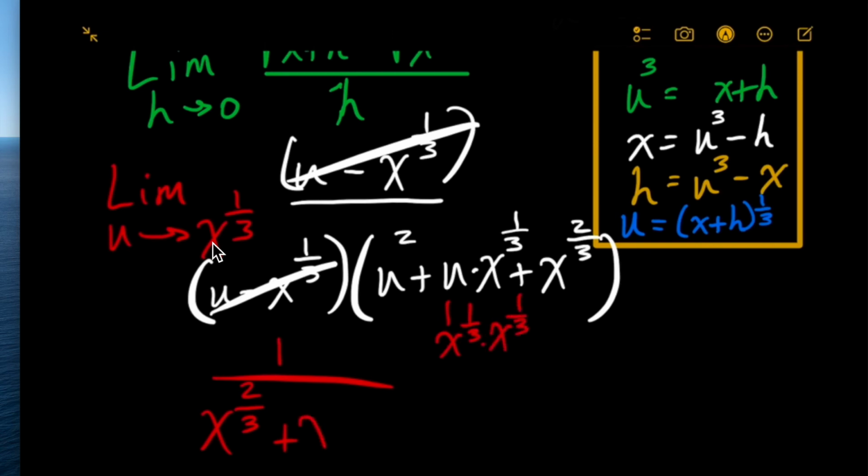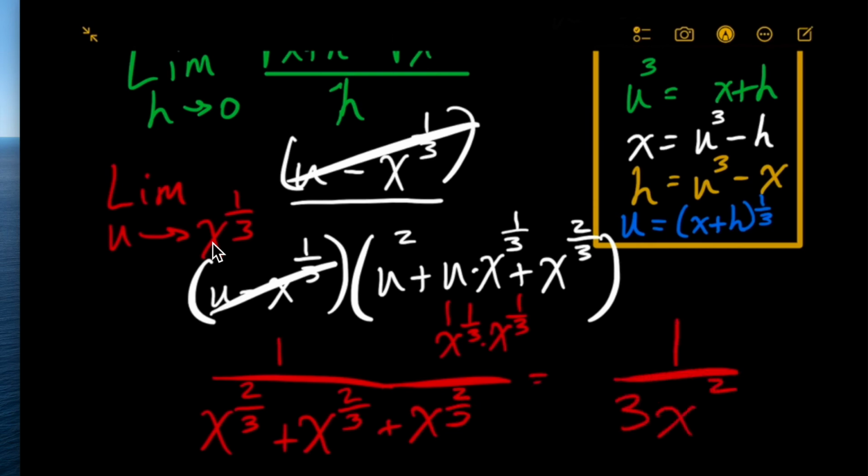You recall from the previous portion of this video, that is x to the 2/3 plus x to the 2/3. So this same limit equals 1 over 3x to the 2/3, which is the same result we got using the previous technique.